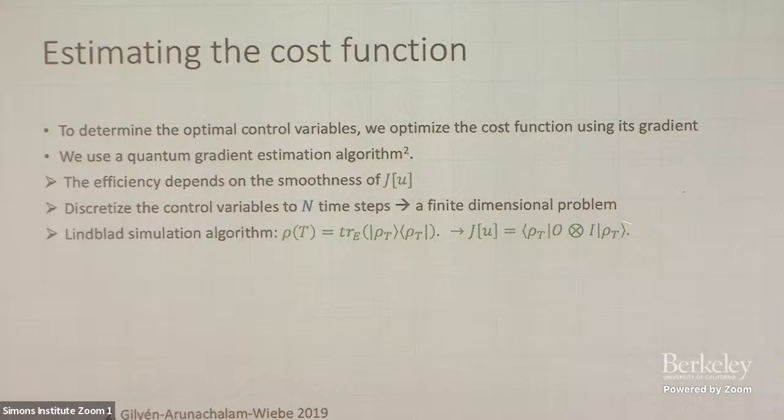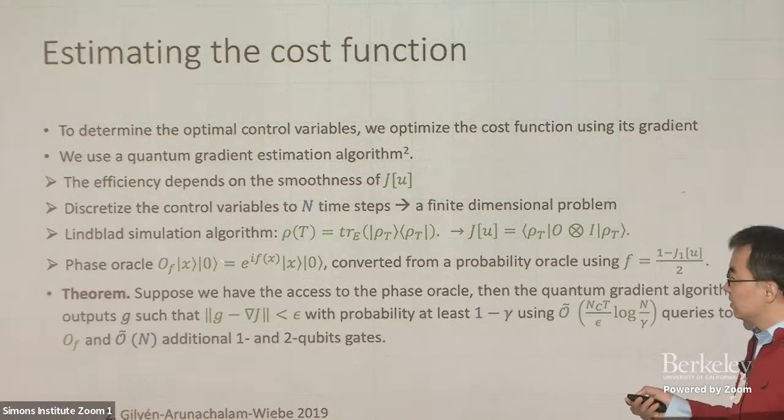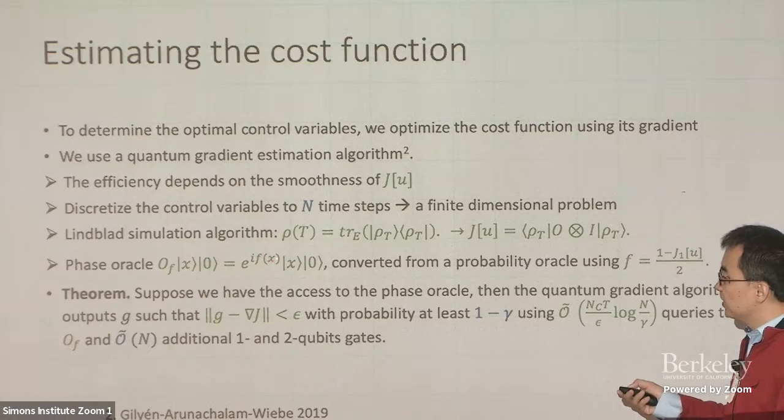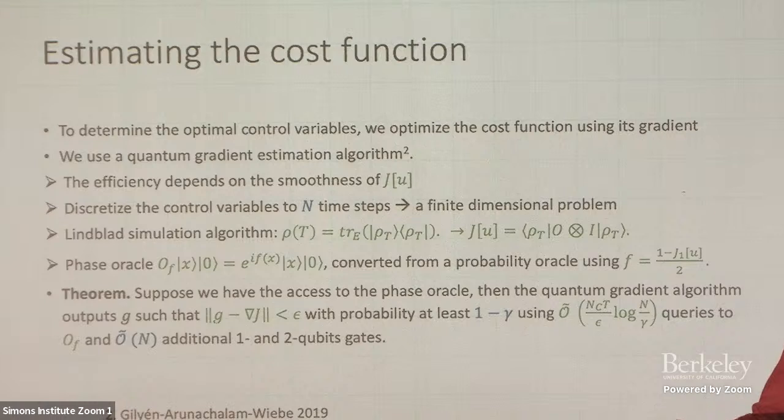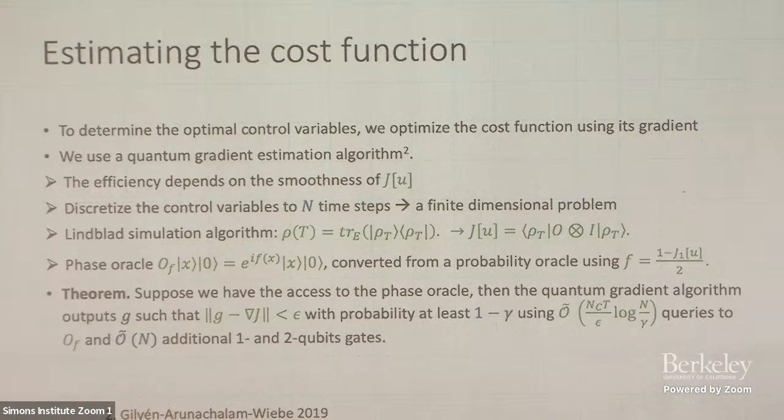Therefore, the objective function that you're trying to compute becomes an expectation, and you can use these gradient algorithms to compute the derivatives. What's involved is a probability oracle that depends on this expectation, converted to a phase oracle. Then you apply a finite difference formula; if you apply this repeatedly for different x, it approximates the derivative. Then you use quantum phase estimation, and it recovers the gradient.